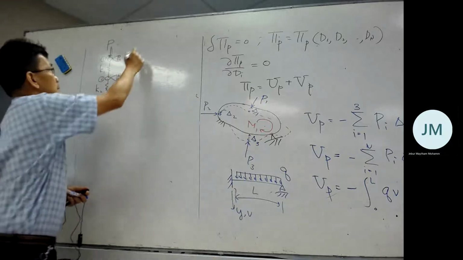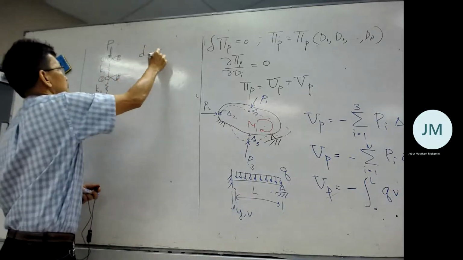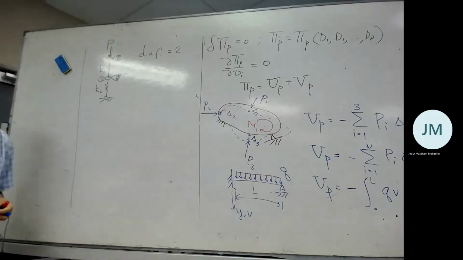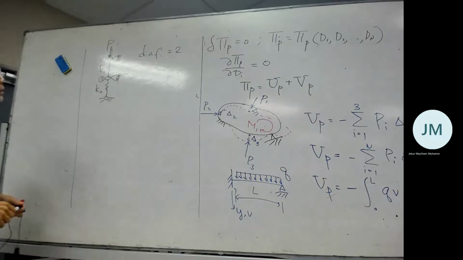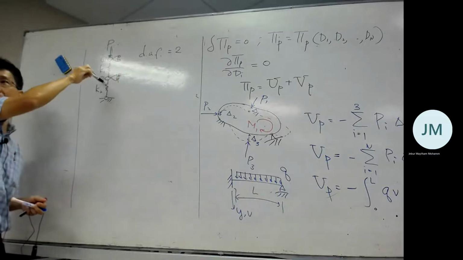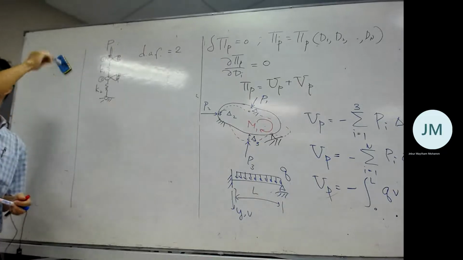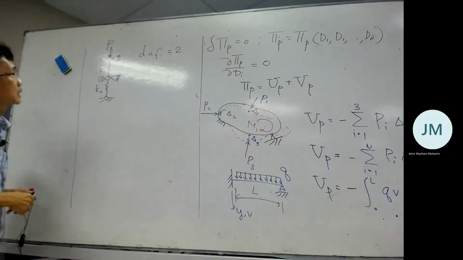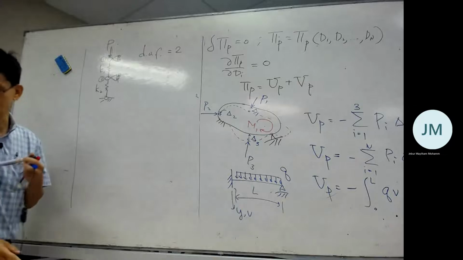So the degrees of freedom of this problem is 2. Degrees of freedom means independent displacements. We need to know the displacement of this point and the displacement of this point. That's why the degrees of freedom here is 2, and that is the first thing that we need to know.